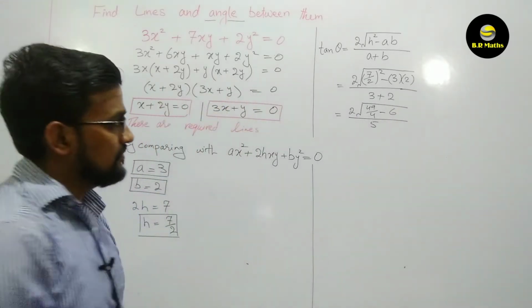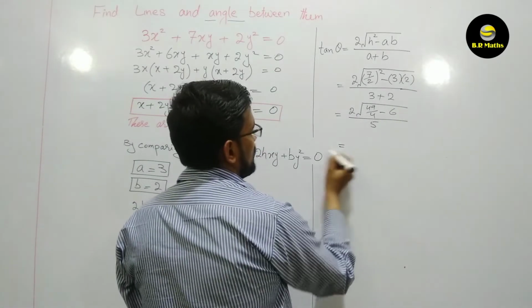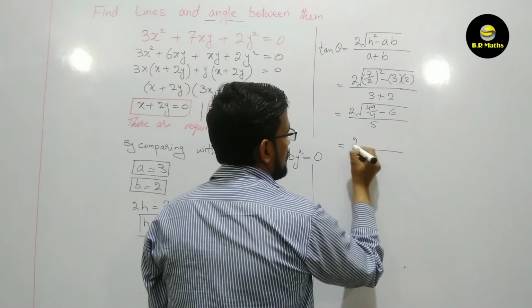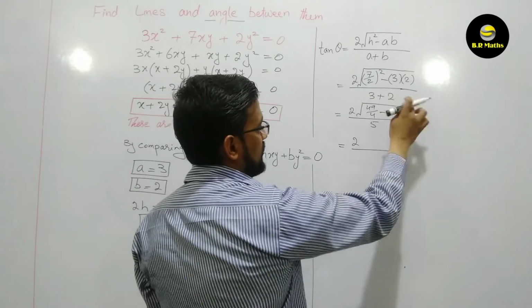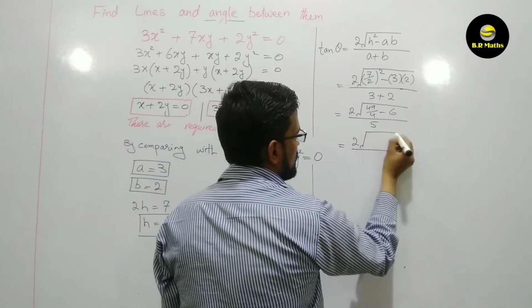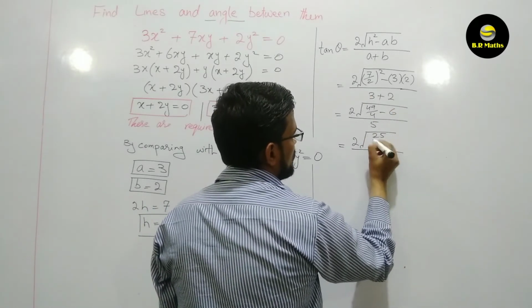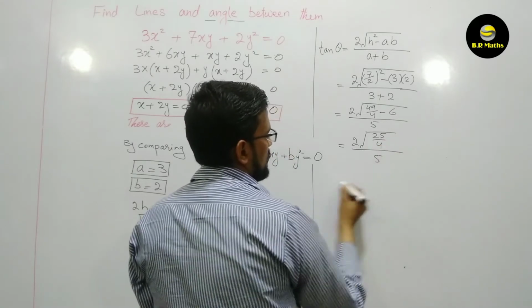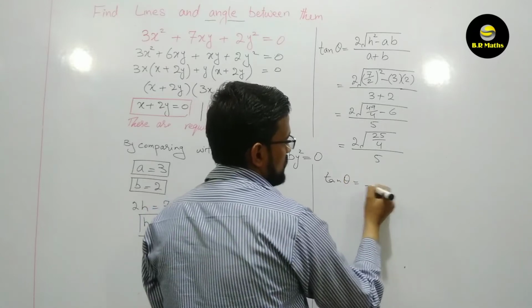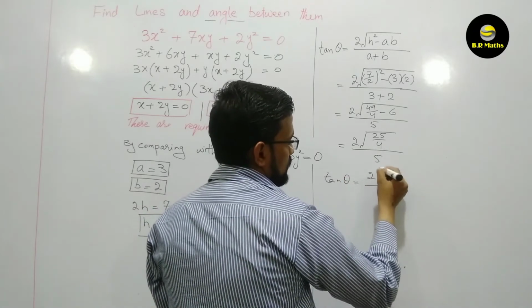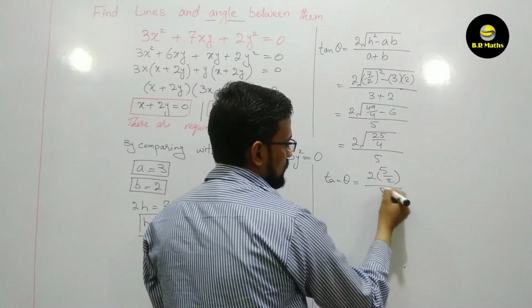Take the LCM. 4 sixes are 24. Take the LCM, and then the final result is 25 over 4, and this is equal to 2 times 5 over 2, over 5.